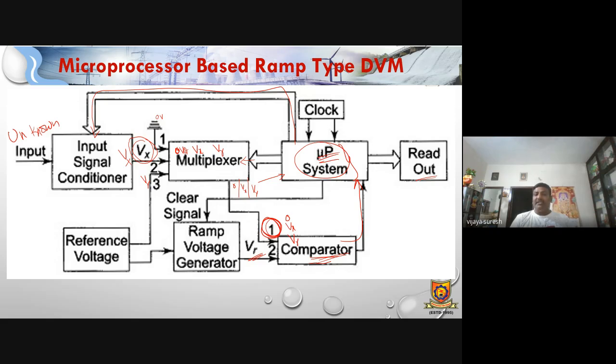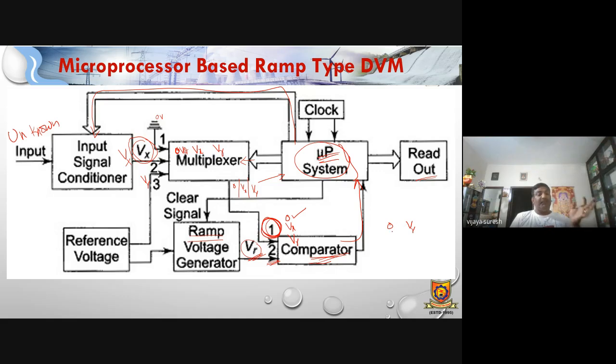If the microprocessor system has selected 0, let us say, then the comparator is getting 0 and Vr, so 0 and Vr are going to be compared. Vr is nothing but the ramp voltage, and the ramp voltage is always the input for the second terminal of the comparator.